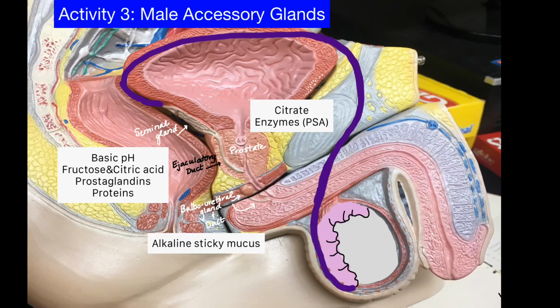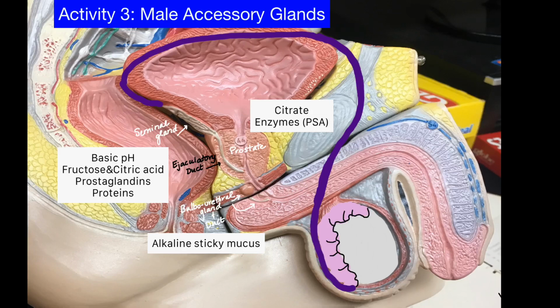Their secretions are extremely basic, again a very alkaline mucus, and it's very sticky. This sticky mucus helps to lubricate the penis, which helps for copulation, but it also neutralizes any urine within the penis. Remember, urine can be acidic, and we want to ensure that our semen is basic to counteract the acidic nature of the vagina.